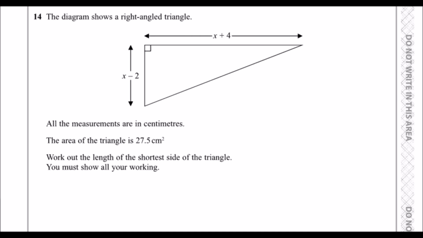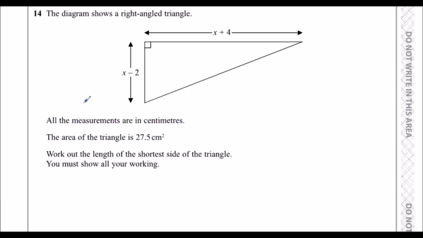So to find the area of a triangle, or a right-angled triangle at least, we can use base times height divided by 2, or half times base times height. So half times base times height equals the area, which is 27.5.